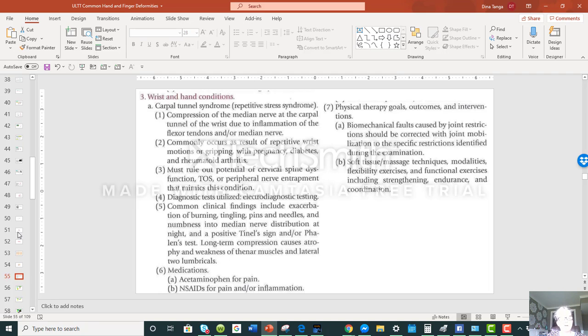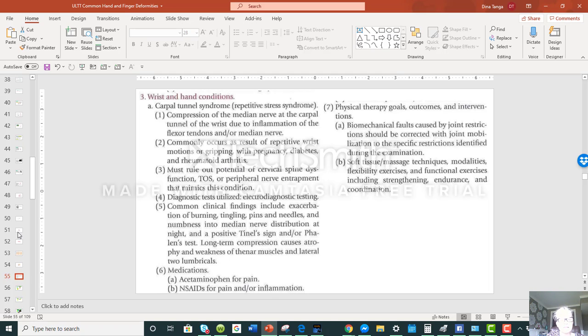Must rule out potential cervical spine dysfunction, thoracic outlet syndrome, or peripheral nerve entrapment that mimics this condition. So those are going to be the differential diagnosis issues you want to deal with.